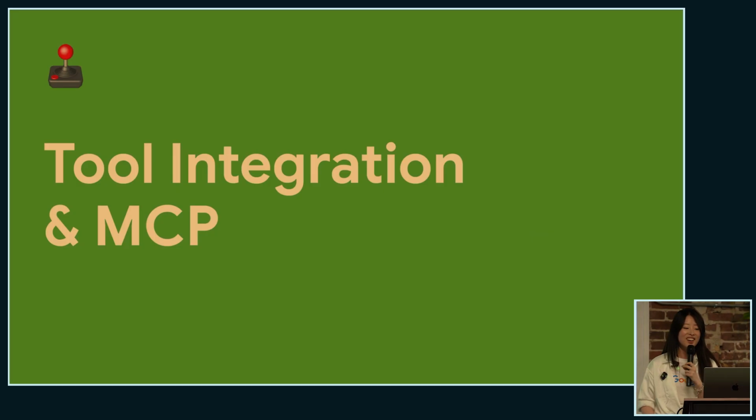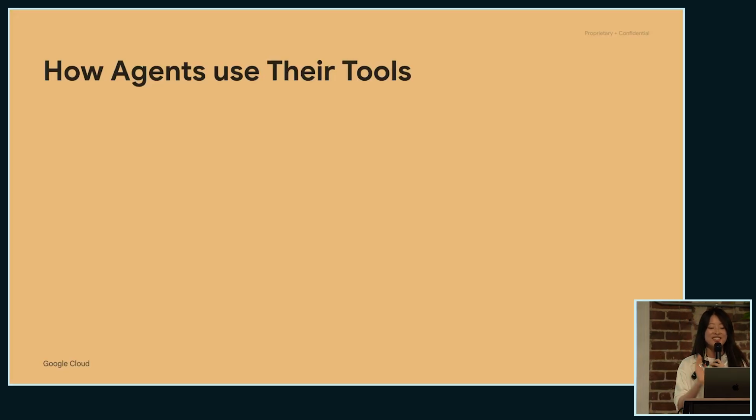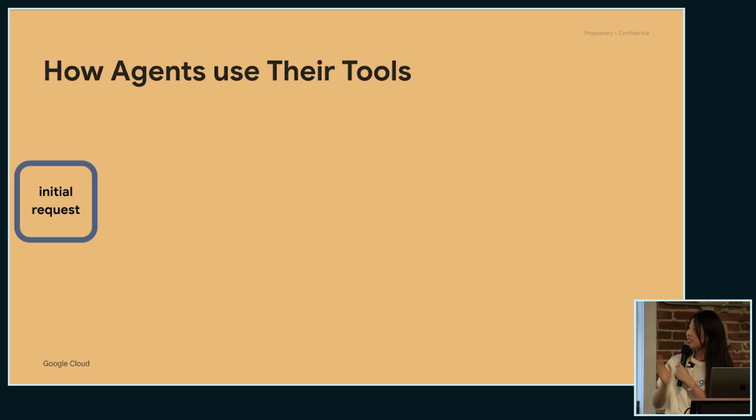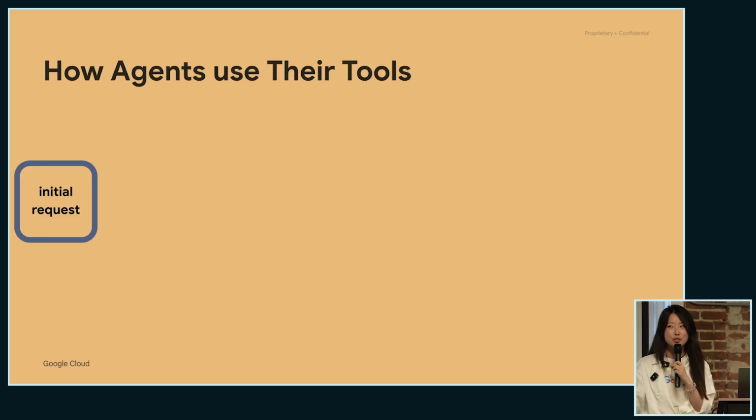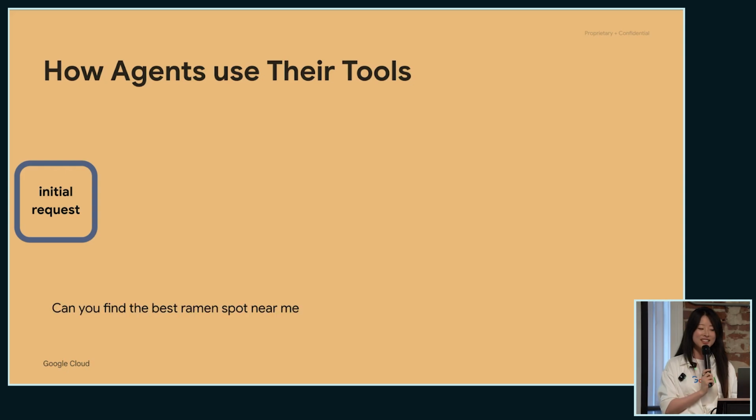Finally, I'm going to talk about MCP, but not right now. Before MCP, a quick introduction of how an agent uses a tool. Usually, you have an initial request. This request can be, I want to plan a trip to San Francisco, or show me the ramen places nearby, because I really feel like ramen tonight, asking the agent, can you find me the best ramen near me?